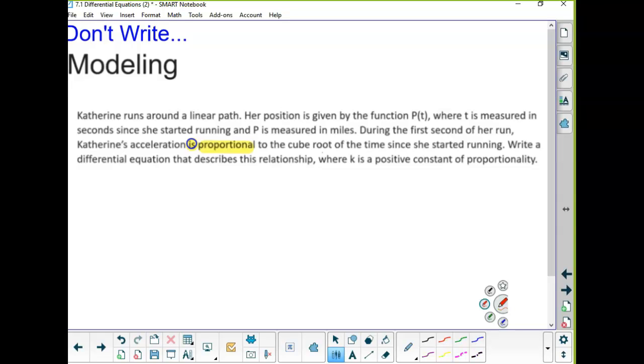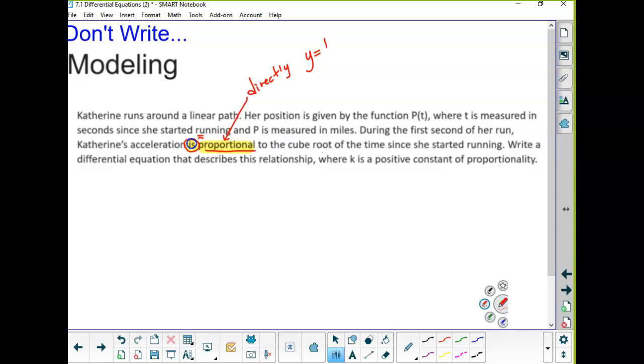So let's stop right there and just think about what the word is means in math. Well, if something is equal to this, it's the equal sign. And then when we see the word proportional, they're actually referring to directly proportional. And that's the part you've got to be really careful about. If they don't put the word directly in there, it's assumed that it's directly proportional.